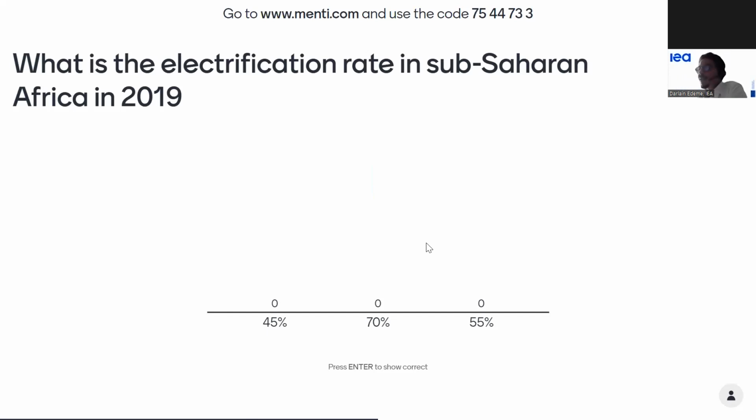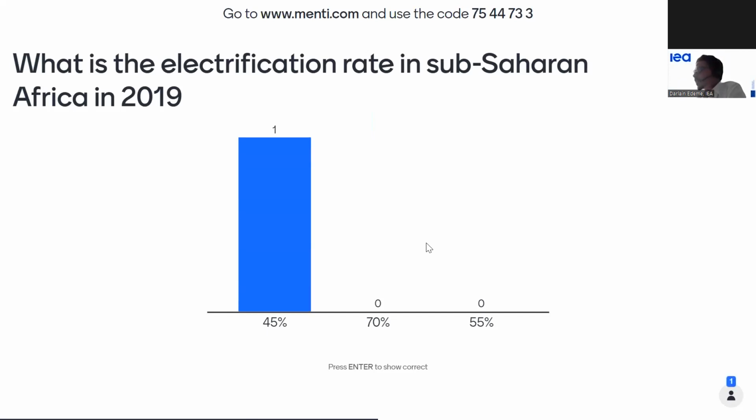What do you think was actually the electrification rate in Sub-Saharan Africa? So how many people do you think had access to electricity? Because now we are moving to the next phase, which is focused on electricity. Which percentage of the population do you think had access to electricity?